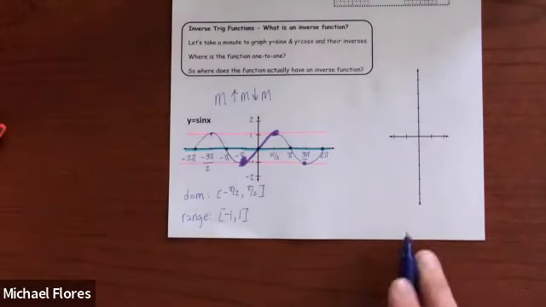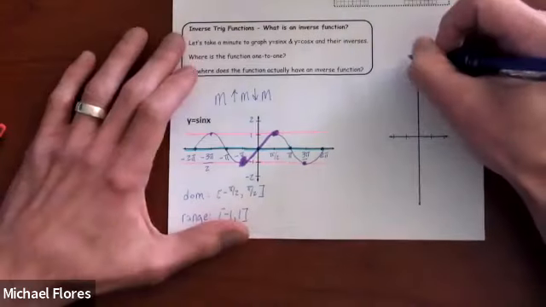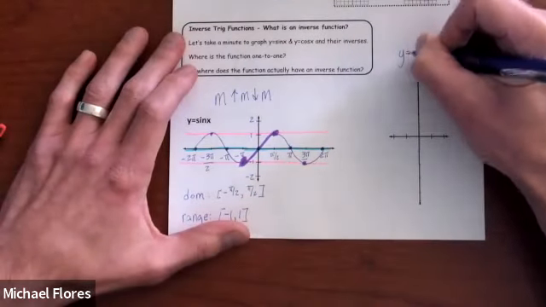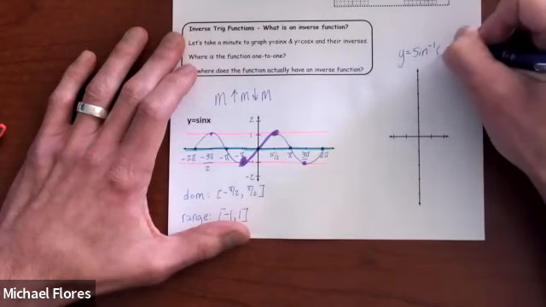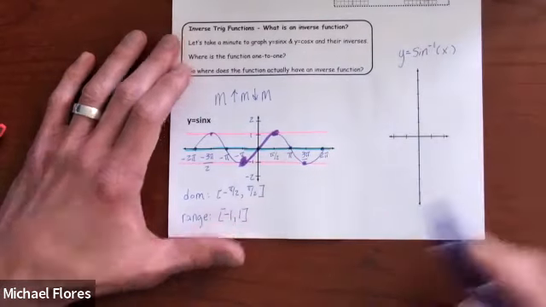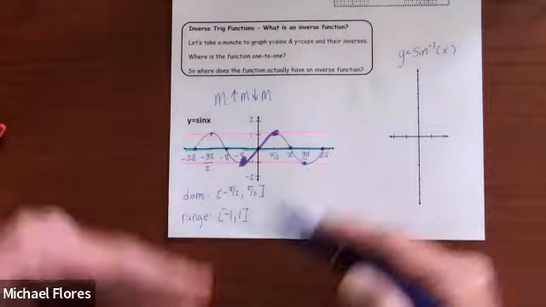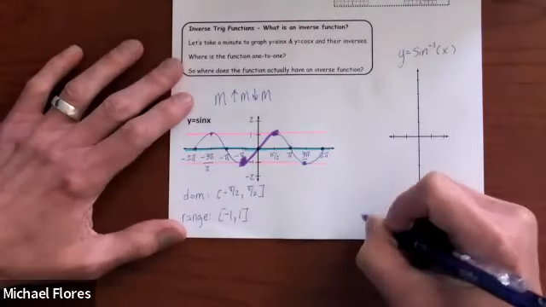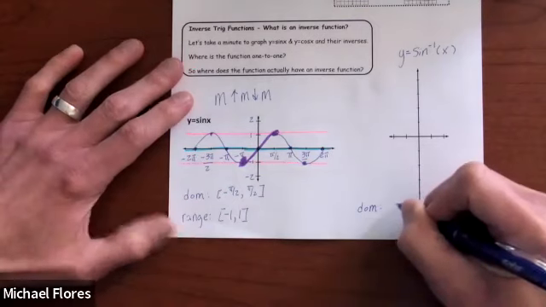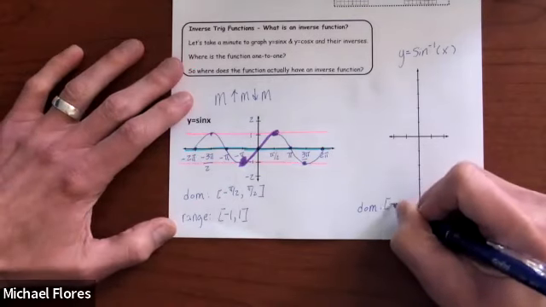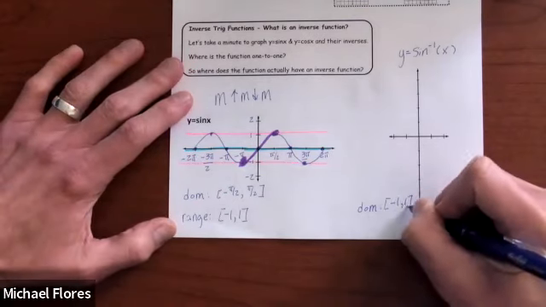Whenever we go to now graph the reciprocal, not the reciprocal, sorry, the inverse, y equals sine inverse of x, our domain and our range are going to switch. So our domain is now -1, 1.